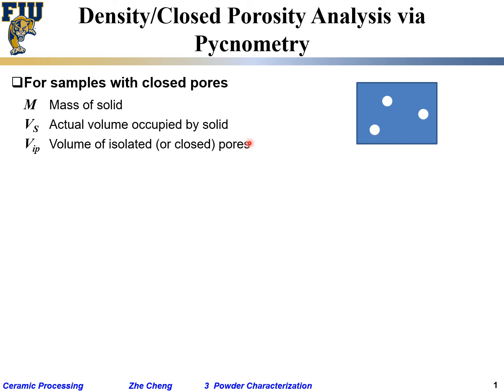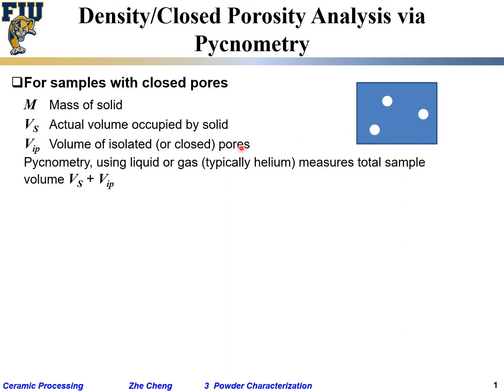Make sense? Then pycnometry quite often uses gas, typically helium gas. And we have it in Dr. Agarwal's lab in Emory. We can measure the total sample volume using helium gas, which is Vs plus VIP.